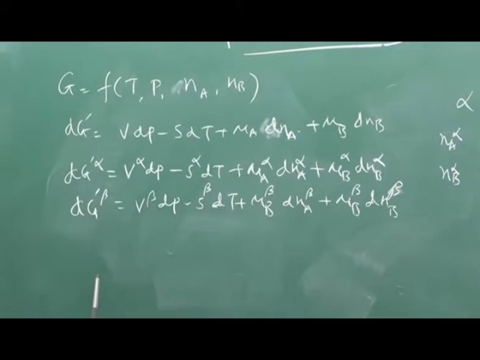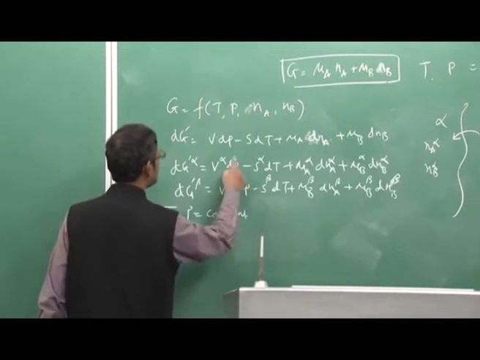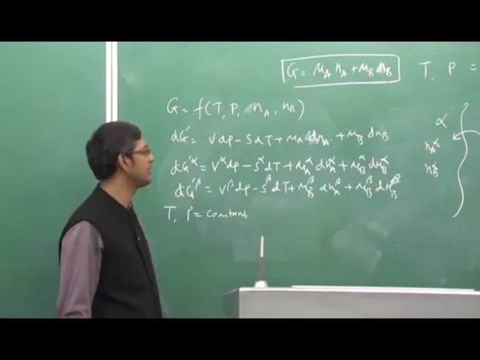These are the free energy changes when you have such a system. At constant temperature and pressure, these two variables will vanish, because dT and dP are not changing.